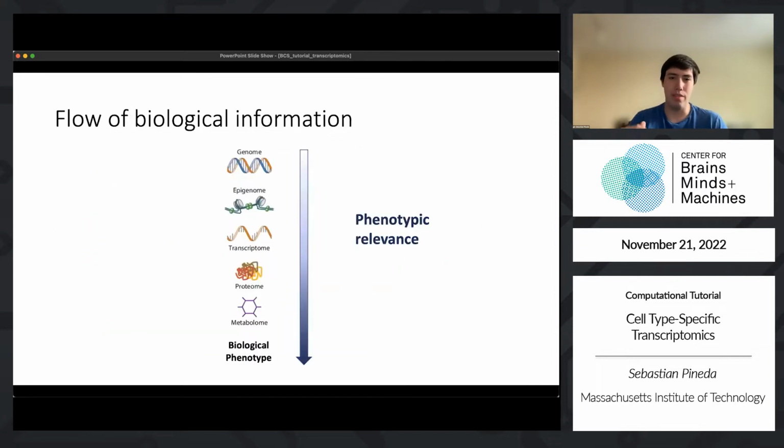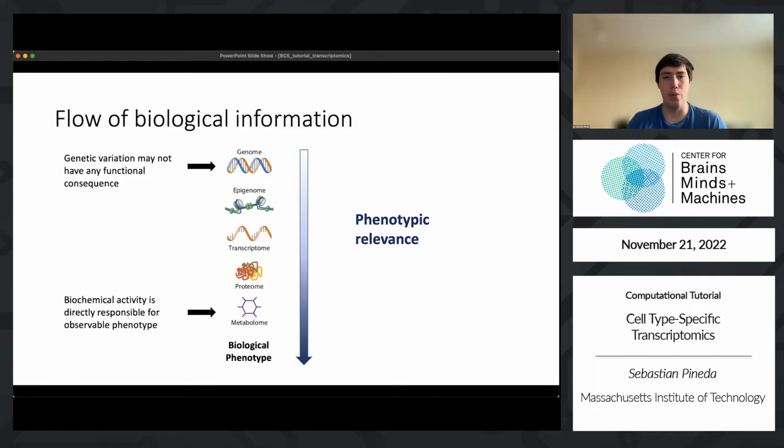So as we go down this ladder, we get closer to the things that drive our observed phenotype, right? If we're studying disease, and we're talking about neurodegeneration here, our lab studies Huntington's and ALS.